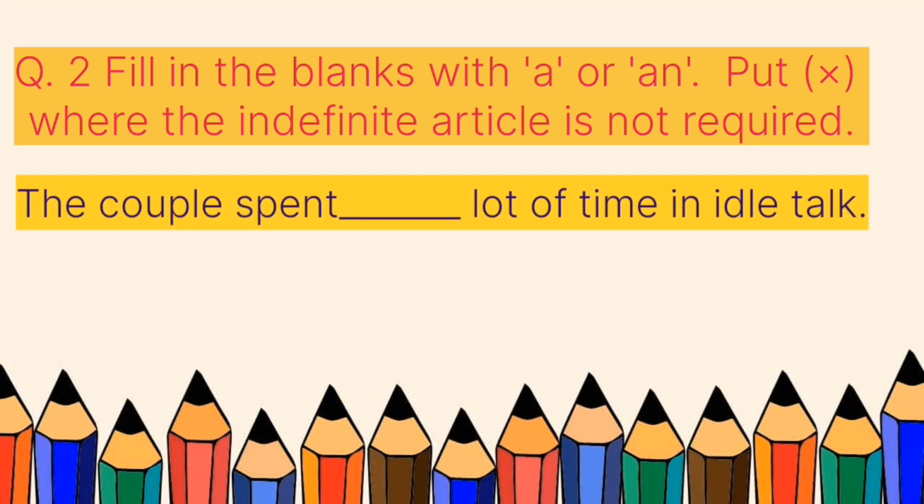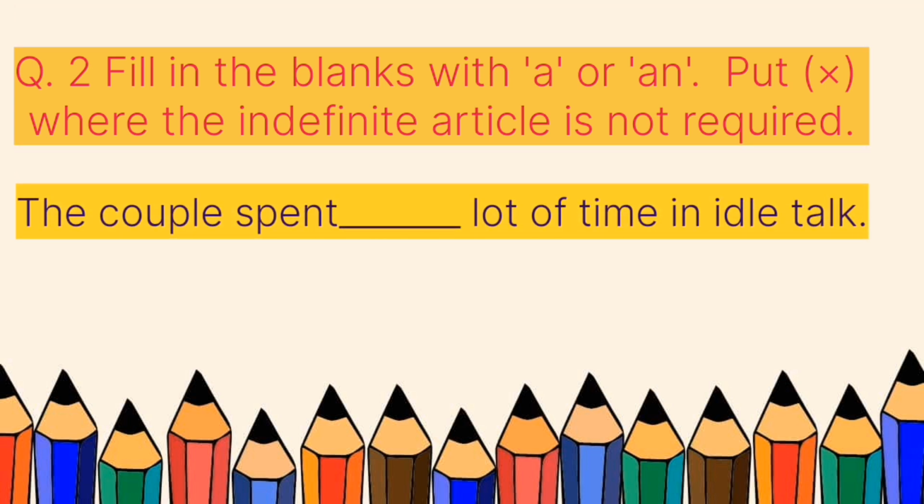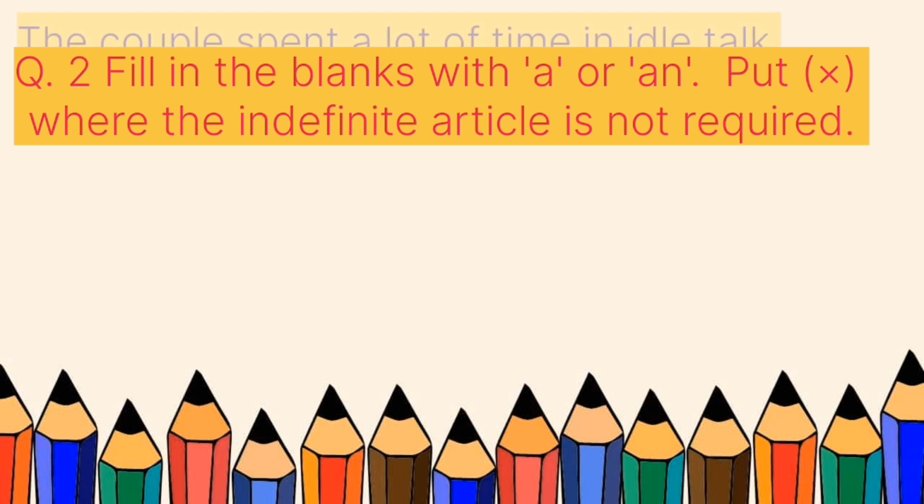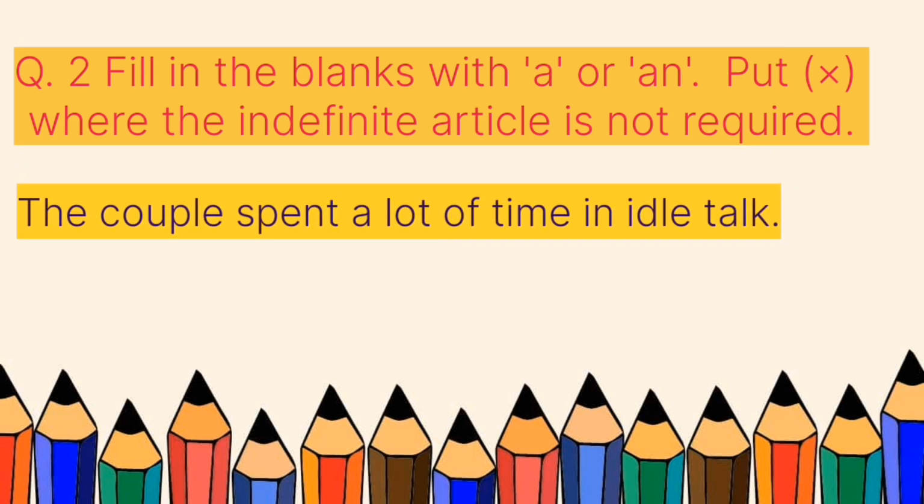Next example: the couple spent dash lot of time in idle talk. The answer is: the couple spent a lot of time in idle talk. The article a is appropriate because the noun lot of time is non-specific and it begins with a consonant sound L. So, the article a is used.